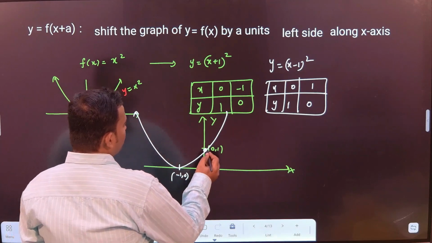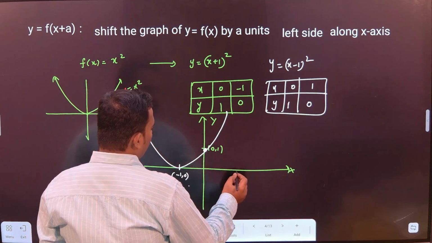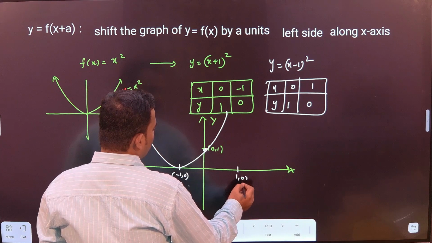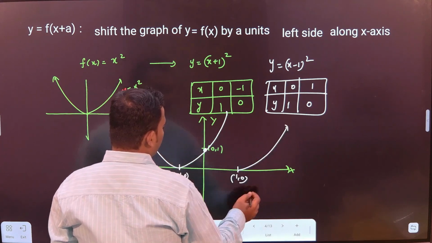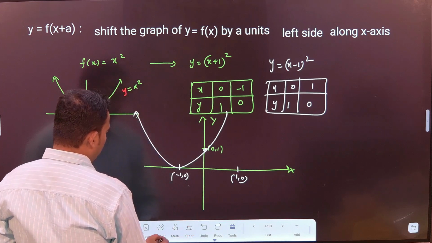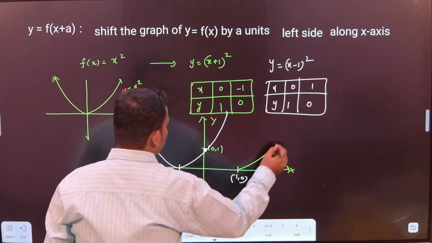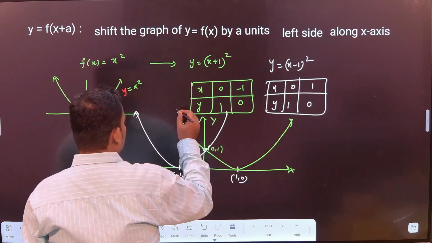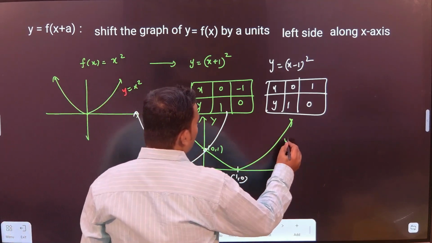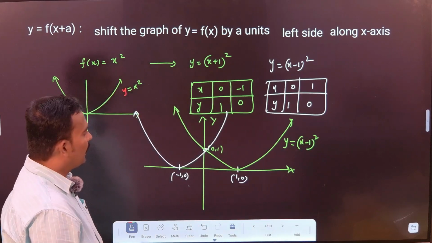So 0, 1 on the y-axis is the same point, and 1, 0 let us take here. The graph will be like this. This is your graph of y is equal to x minus 1 whole square. Clear? Okay.